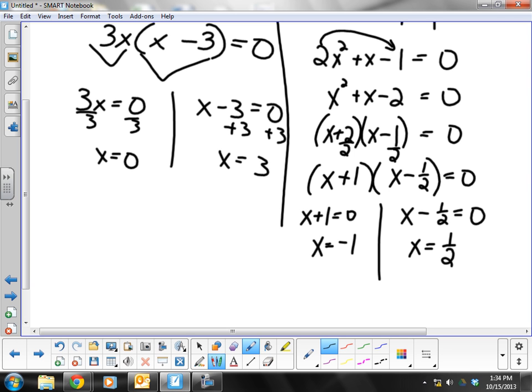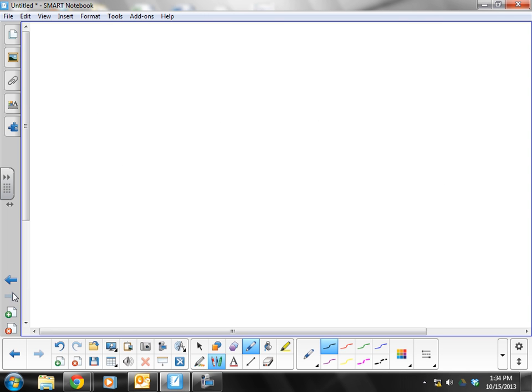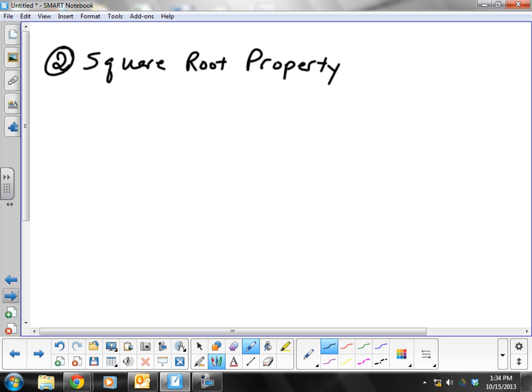Quick review. The next objective in the book is the square root property. The square root property allows us to solve just a specific kind of problem.